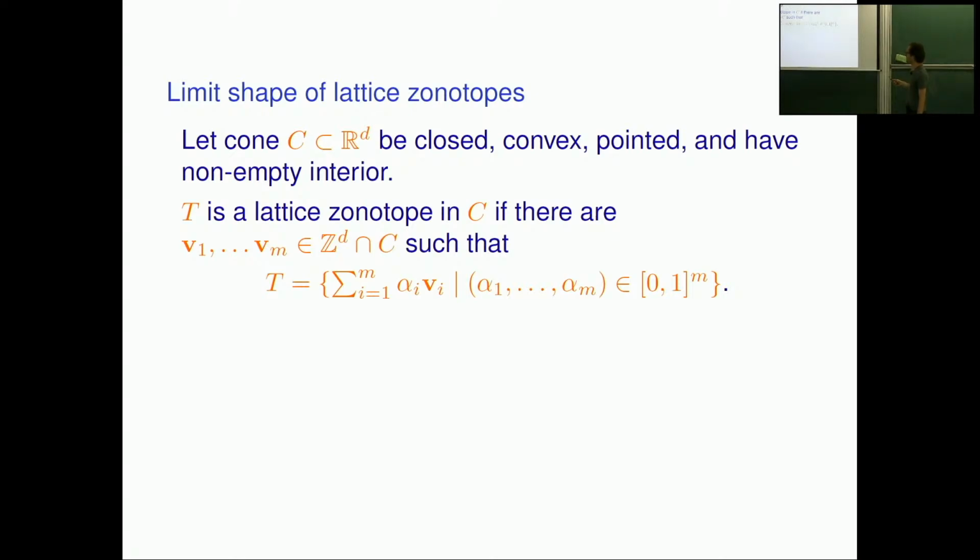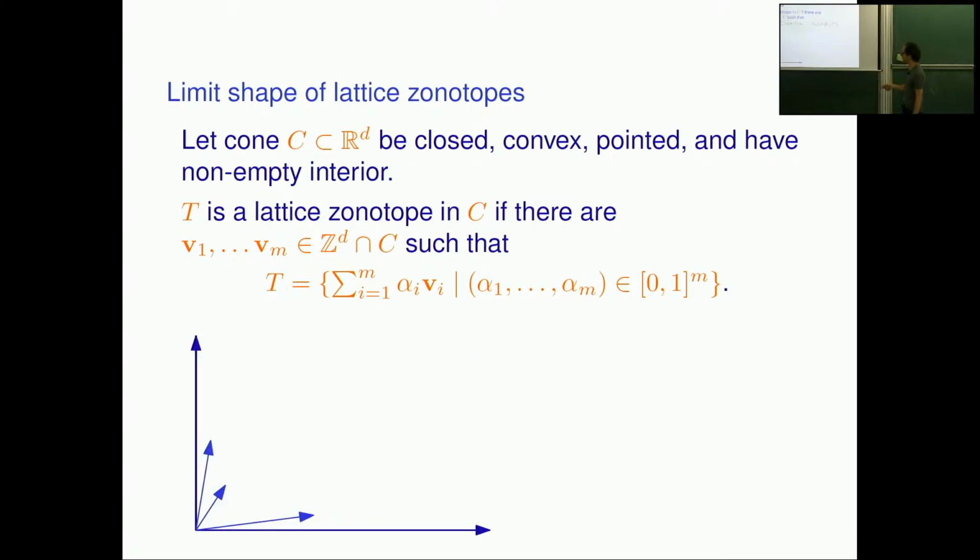A zonotope is a polytope that's generated by a set of vectors. You generate it by taking coefficients in the range 0 to 1 and multiplying them by all the vectors. So it's a convex polyhedron with this special property that it has this set of generators.